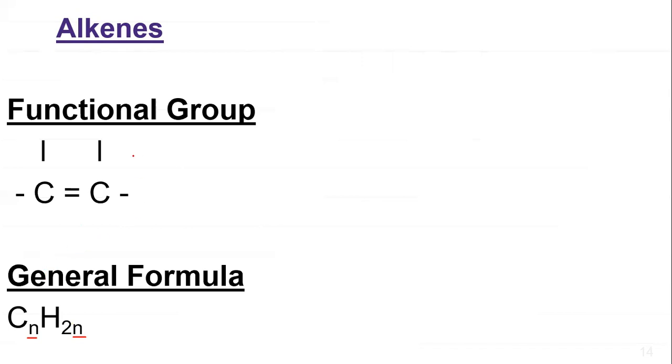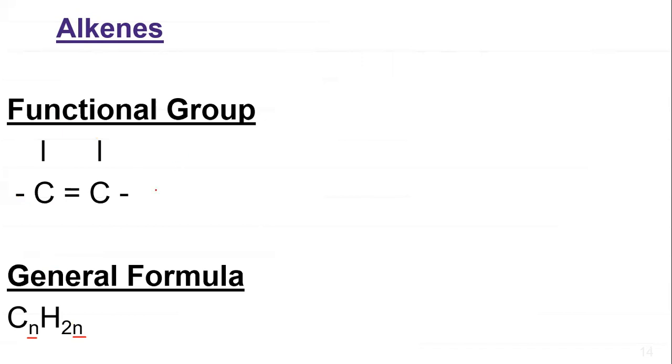Now, what is the structure of the functional group of alkenes? Remember now, when we talk about the functional group by definition, we say it is either an atom, a group of atoms, or a bond that determines the chemistry of a molecule.